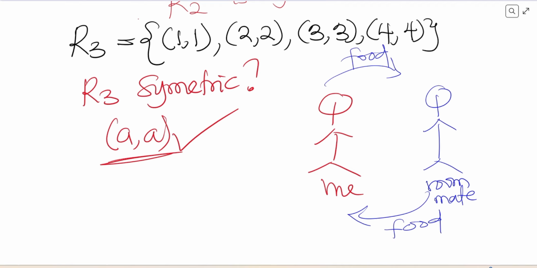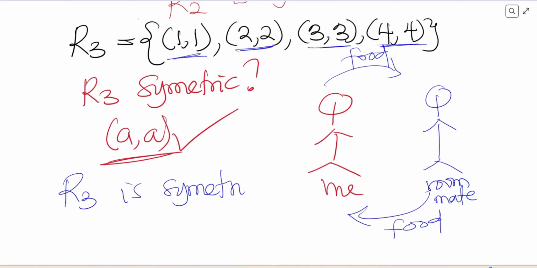So here we have 1, 1, it obeys. 2, 2, it obeys. 3, 3, it obeys. 4, 4 obeys. So we say that R3 is symmetric. Because we do not have any two distinct elements relating to themselves, so that we check their counterparts.